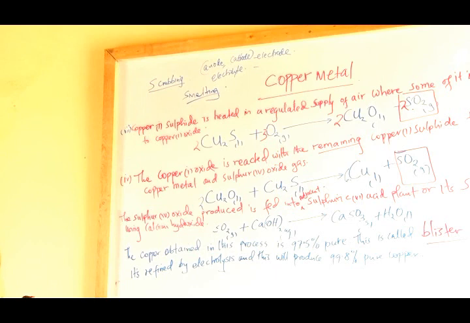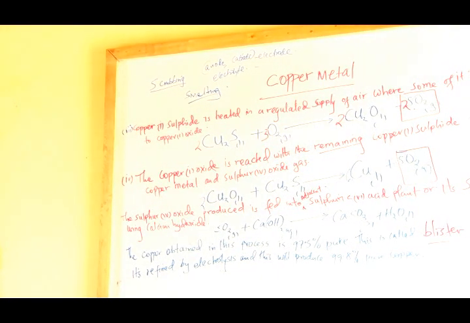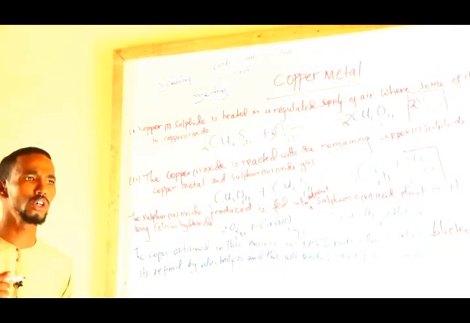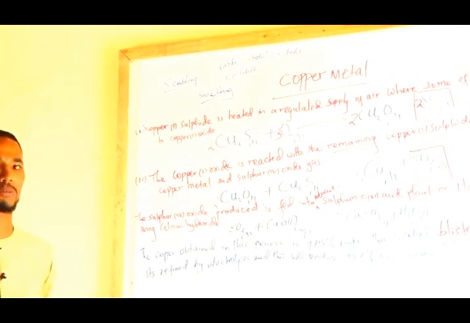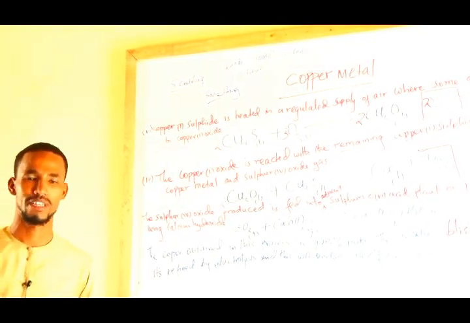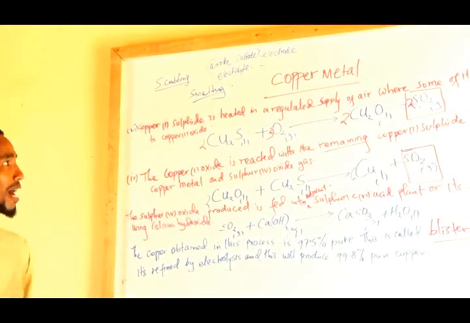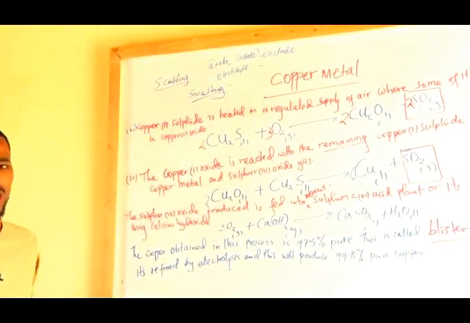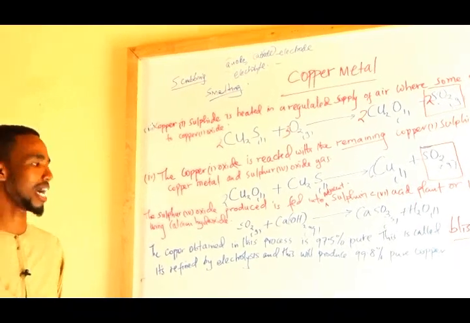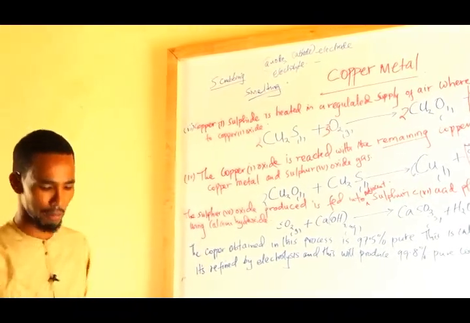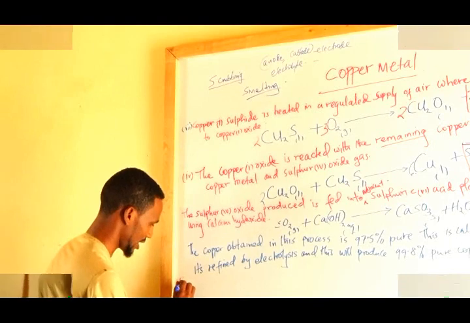But now you choose: in your cathode, you use pure strips of copper, and in your anode, you use impure copper.